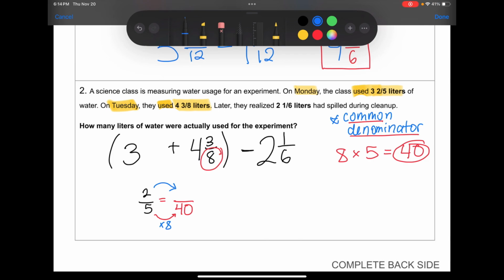So we multiply 2 times 8 to get, that's right, 16. So now we are not going to use 2/5. We are going to use 16/40.